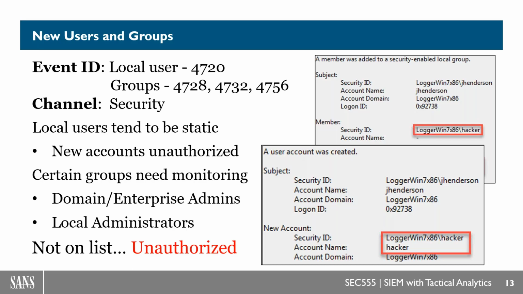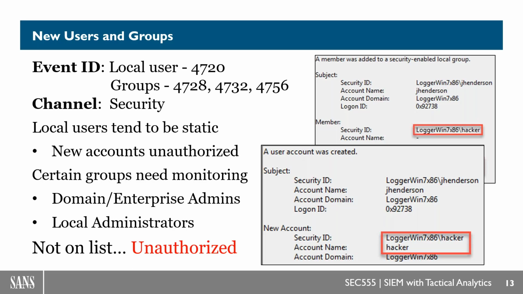So you should have an idea of who should be creating users, what their process is around it, where they should be logged in when they're creating those users, all those things. So you should be able to whitelist normal activity. And realistically, you probably want to know any time a user is created as a member of an administrative group.